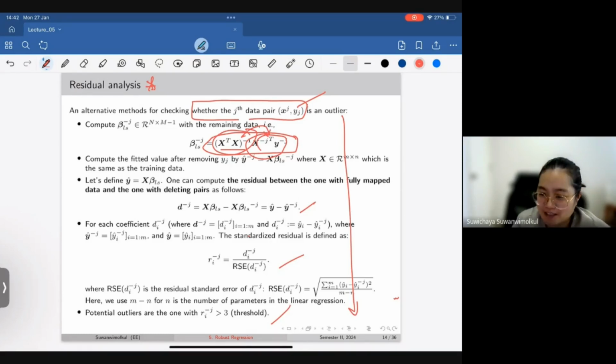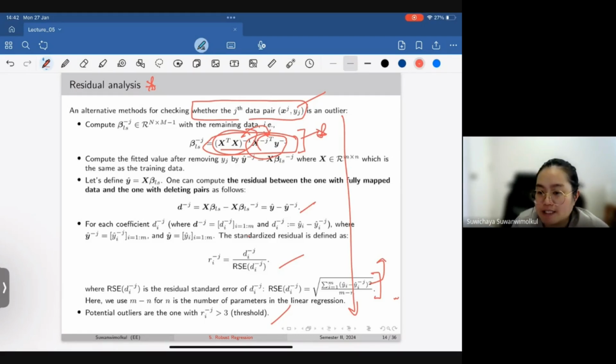So the one that will require most of the computation would be this step, and also these steps where you have to sum over m samples. It's just that summing of the m samples.